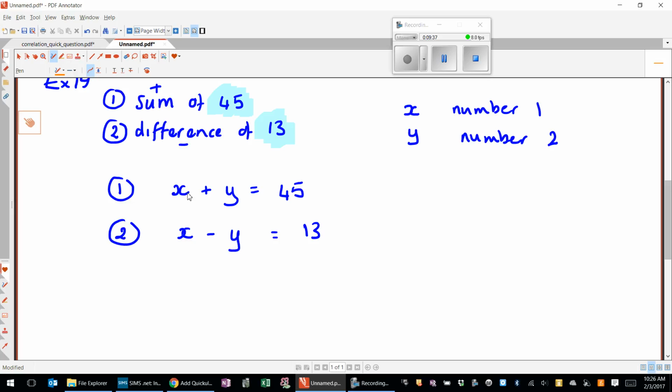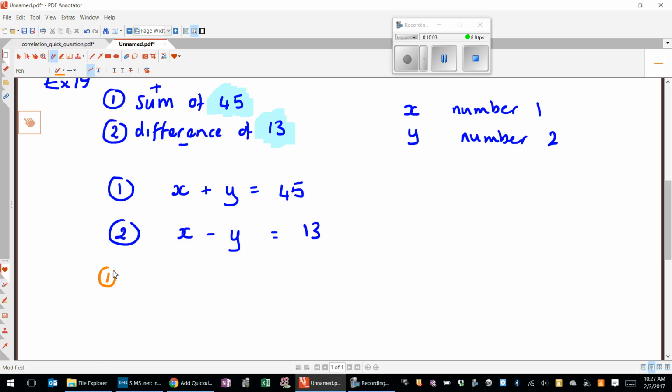Do I need to multiply then? No, because I've got same numbers. So I've got the same number of x's and the same number of y's. Do you want to therefore add or subtract them? Okay, which one from which? 2 from 1. So 1 take away 2.